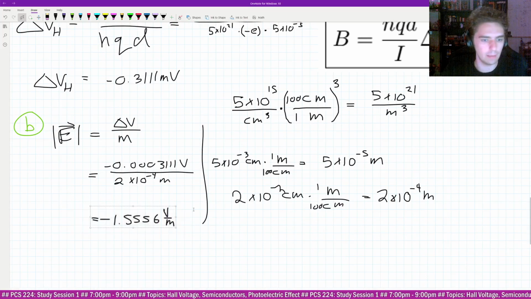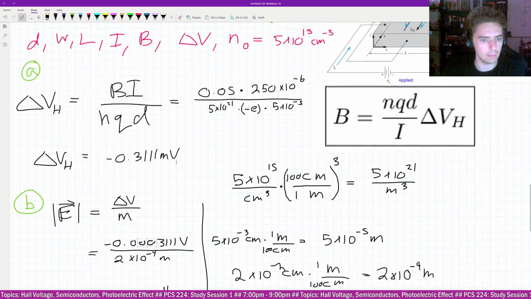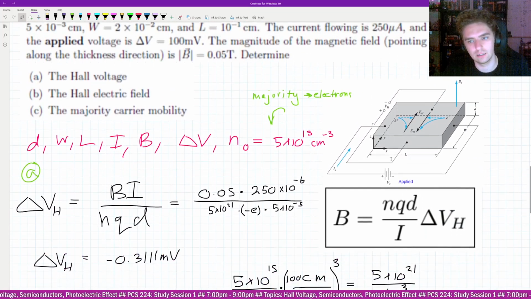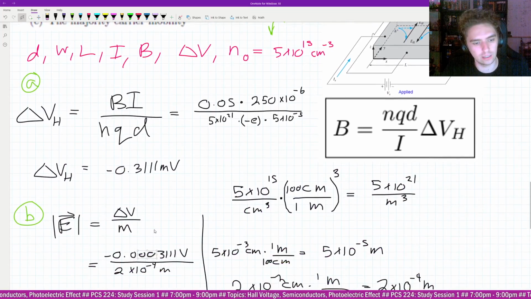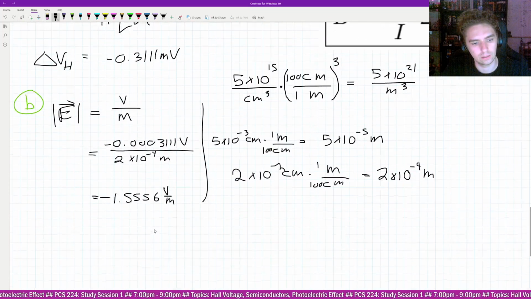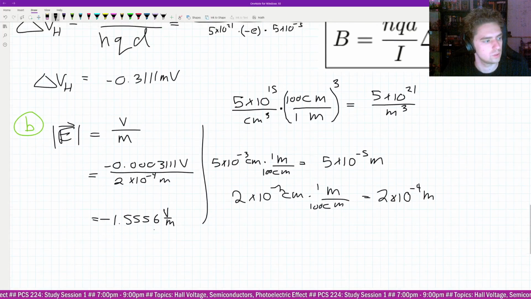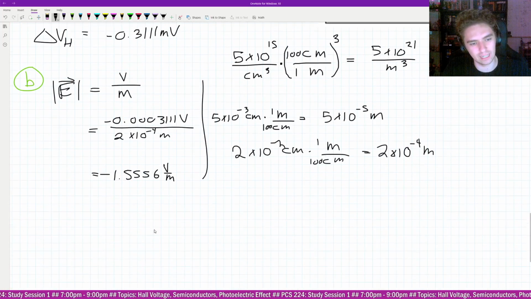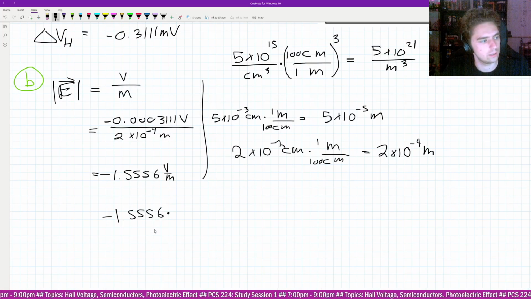Okay, let's see what happened. That is delta V over W. Delta V is that. That is our delta V. Did I convert this correctly? What is the unit? It's per meter. Yeah, that is right, but you have the answer in per meter, and the answer is in per centimeter. Oh, the answer is in per centimeter. Okay, so negative 1.5. But you do have a negative sign though, which is weird. That's true.